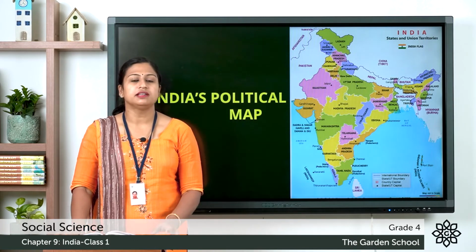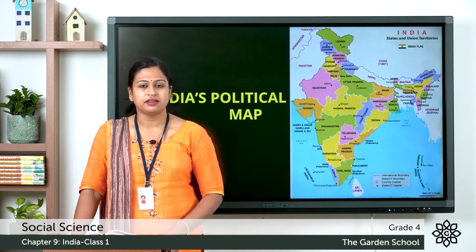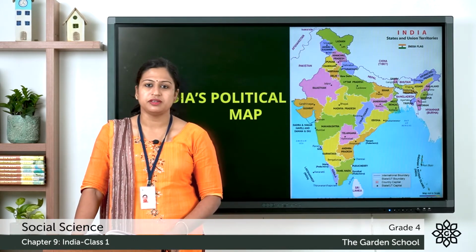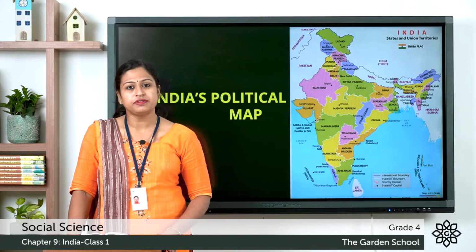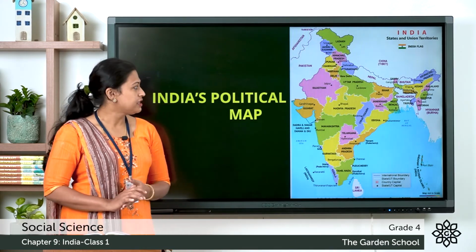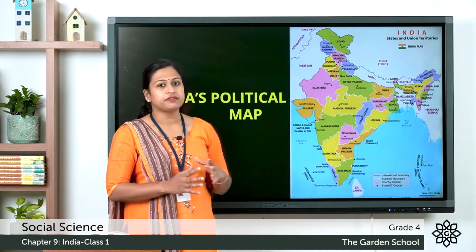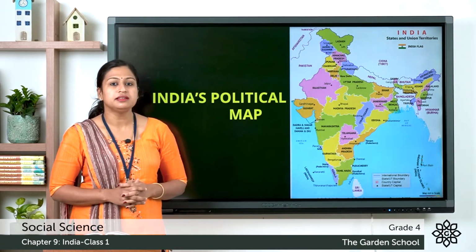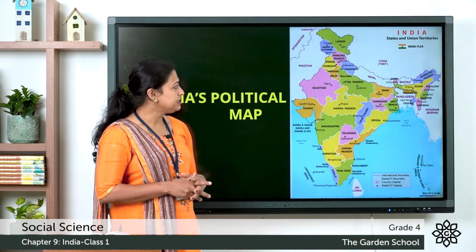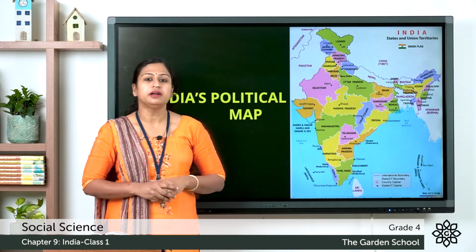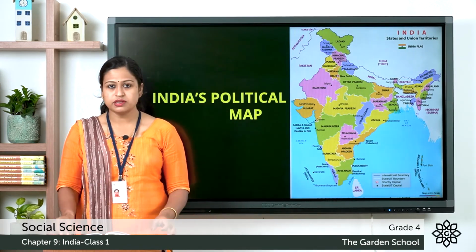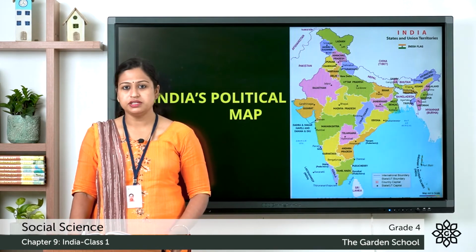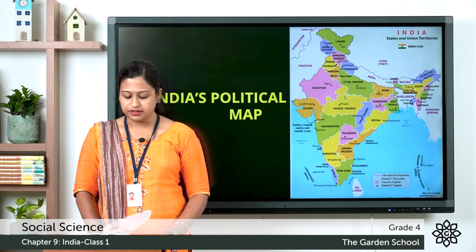Goa is the smallest state of our country and its capital is Panaji. Now which is the largest state of our country? Rajasthan is the largest state of our country and its capital is Jaipur. It is located in the western part of our country. So this was about the states and union territories of our country.